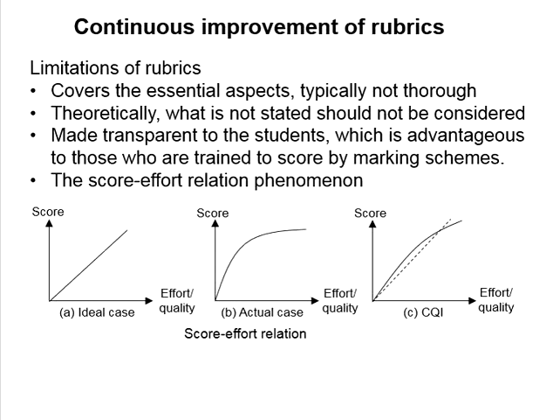Therefore, one of the limitations of the rubrics is that normally we will not have a really thorough assessment of all the aspects. Knowing these limitations, we will have to choose only the essential aspects. What are the things that you feel are more important to the students?